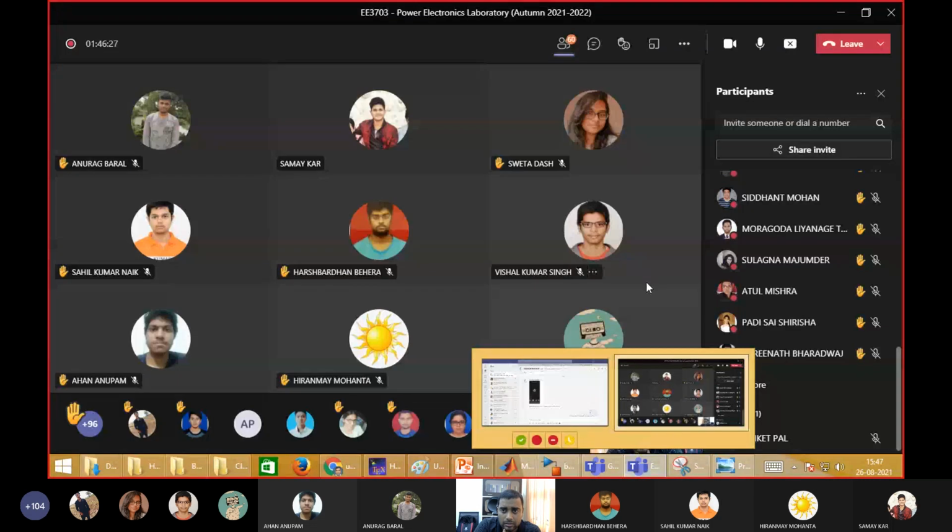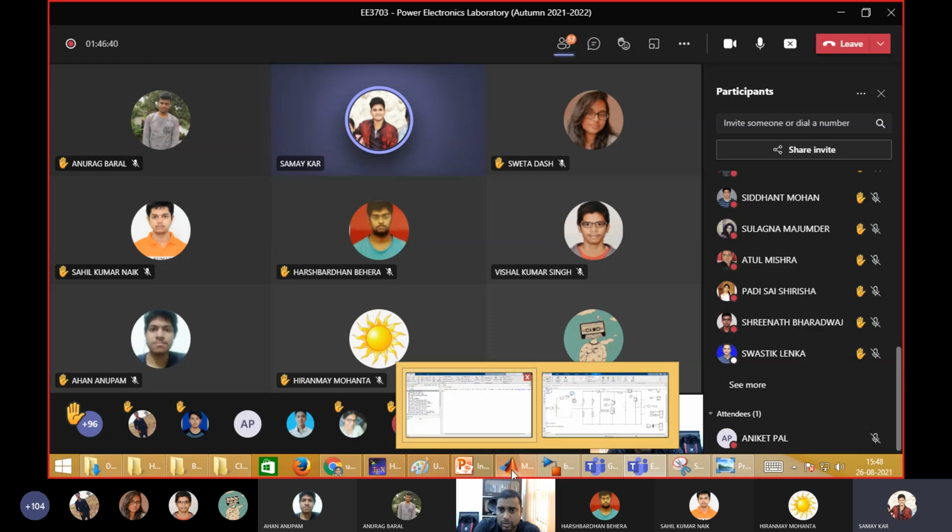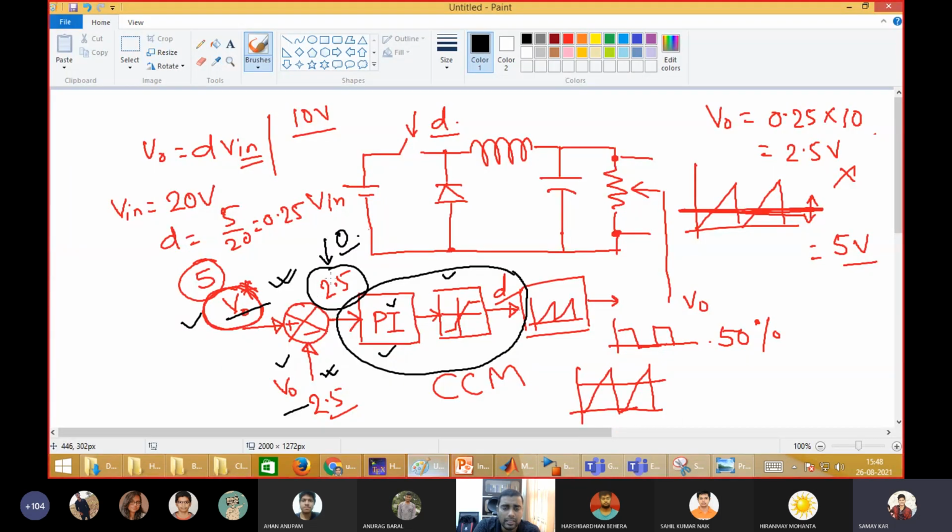Anything else? Sir, in that case, for different inputs, it is giving constant voltage. But how does it decide what output voltage it should give for a particular duty ratio? How does it decide the duty ratio? It keeps going until this error is 0. You set this at 5 volts, right? Yes, sir. So if the actual output voltage is not 5 volt, this error will persist, so it will keep on changing the duty ratio.